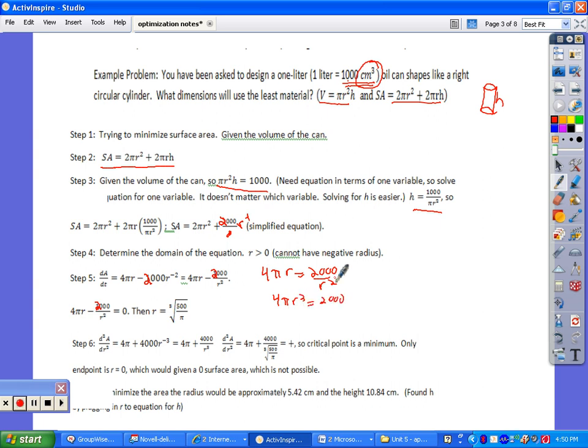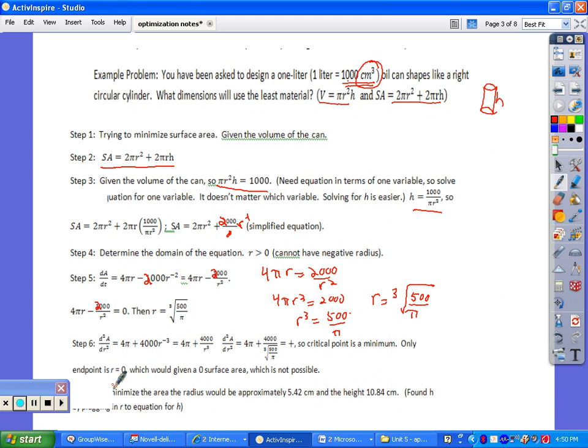And then 2,000 divided by 4 gives me 500, so r cubed is equal to 500 over pi. Okay, so I did 2,000 divided by 4 pi, and then 2,000 divided by 4 gives me 500. It's still over pi, and then I have to take the cube root. So that's my answer for the radius.